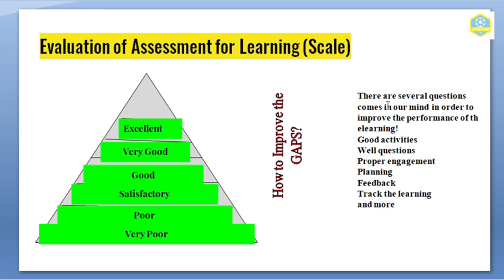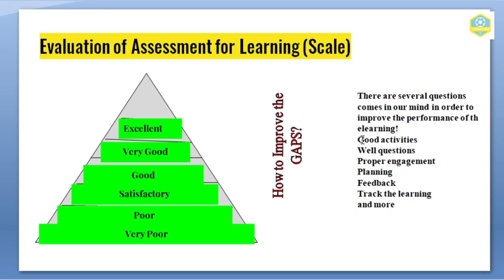There are several questions that come to our mind in order to improve the performance of learning. But I believe there should be good activities. Once I use the word classroom practices, students should enjoy and interact. There should be proper engagement. There should be relevant topics and themes. There should be critical thinking, so students can easily think and respond.